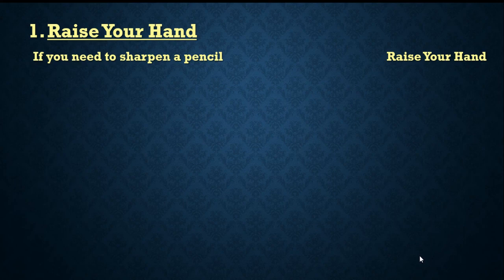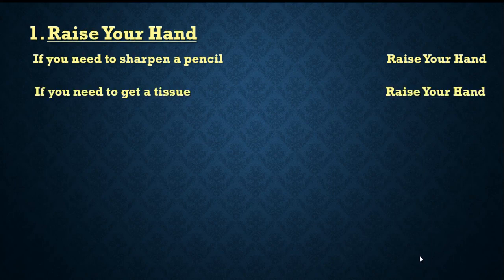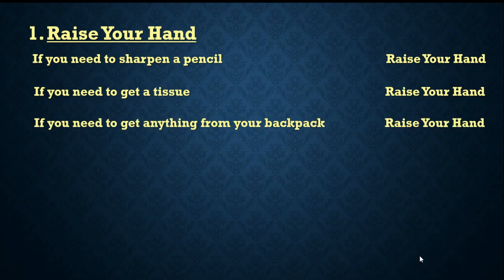Okay, so if you need to sharpen your pencil, just raise your hand. I may not see you at the beginning or at that very second, but just be patient and raise your hand. If you need to get a tissue, need to blow your nose or something, raise your hand.